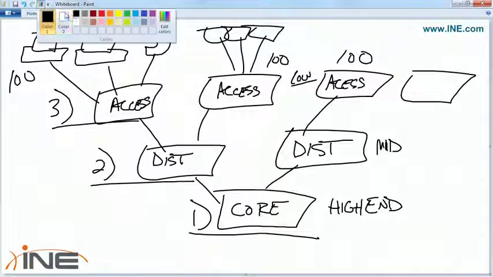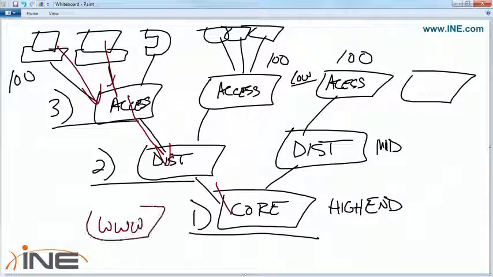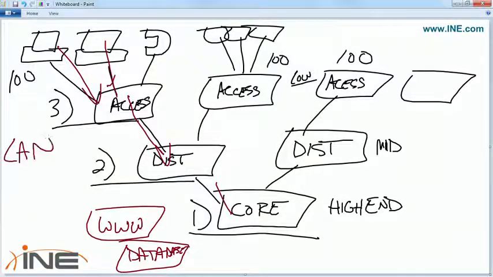Basically, their goal is just to get the traffic from the end hosts into the core of the network, and this is where we have our web servers or our database servers. So as we start to build the local area network, or the LAN, we'll look at specifically how these pieces fit together, and how we get the traffic from our end host, let's say host A, to our web server B, or to our database server C.